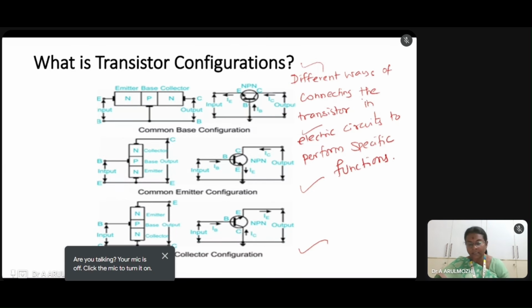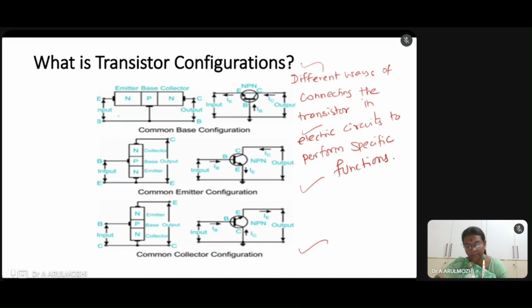And accordingly it consists of three basic terminals: the emitter, the base, and the collector. In the first case, the common base configuration, the base is the common terminal, whereas the input is applied between emitter and base, and the output is taken between collector and base.